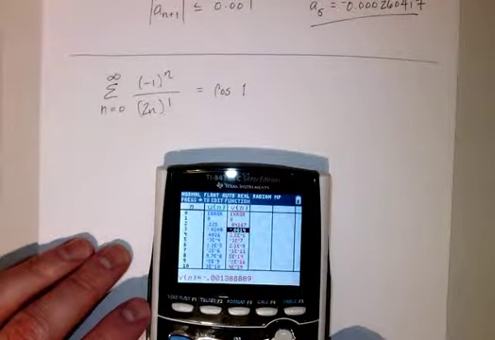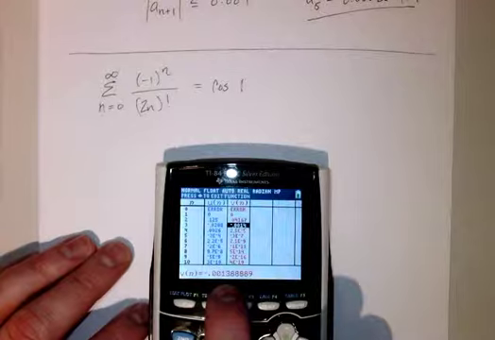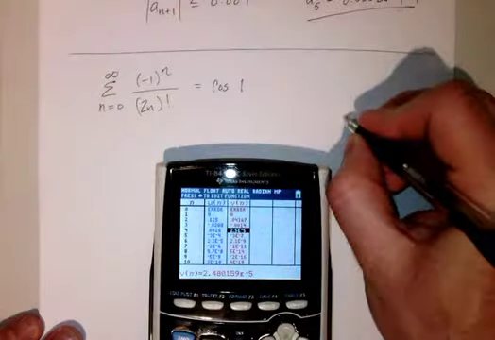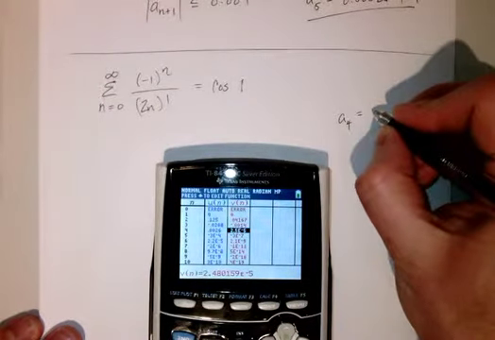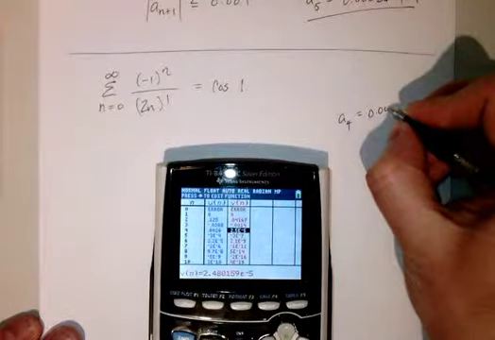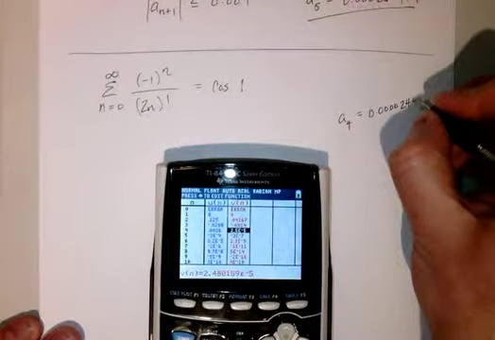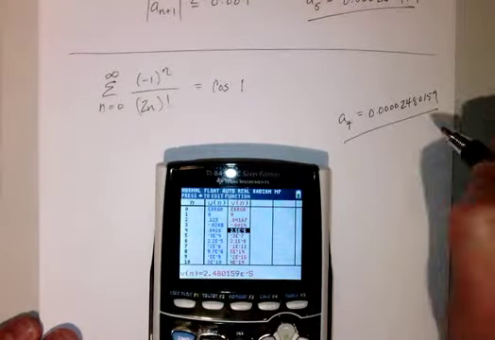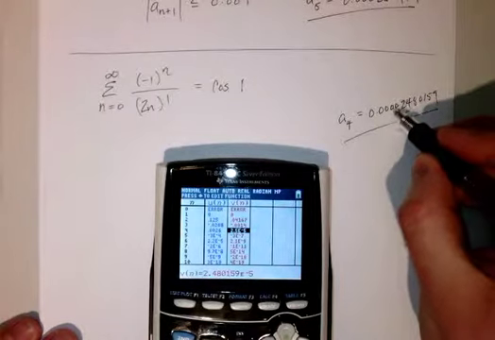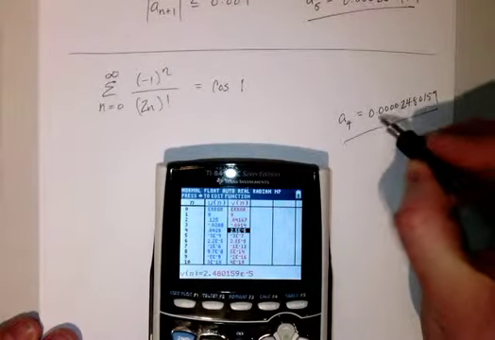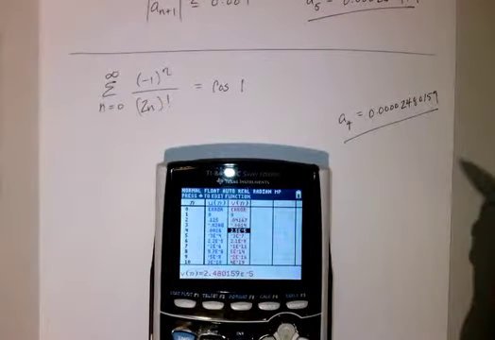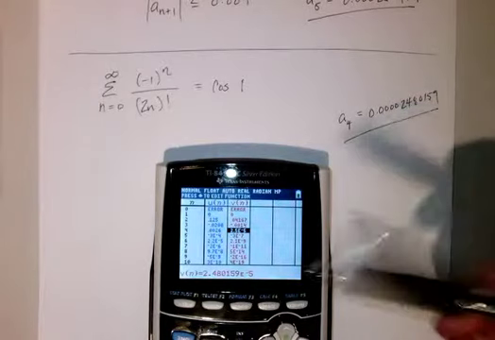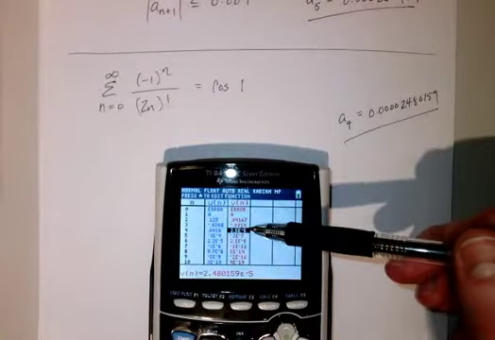Now that is just above 0.001, so it ought to be the next term. And so it winds up being a sub 4 is equal to 0.00002480159. That right there is the error that you're looking for, because it's the first one that does not have anything in that thousandth, in that third decimal place to the right of the decimal. So this is your correct error, and therefore the summation is everything leading up to that.